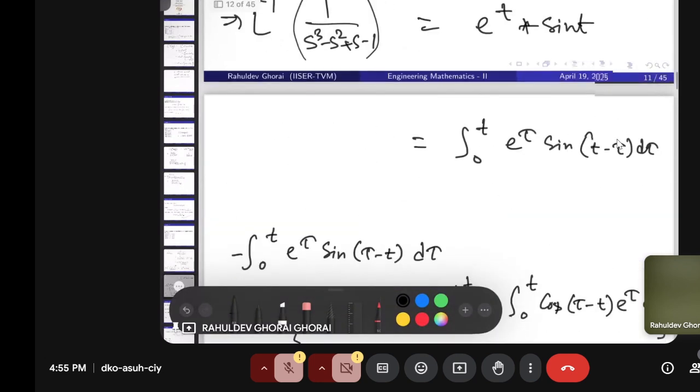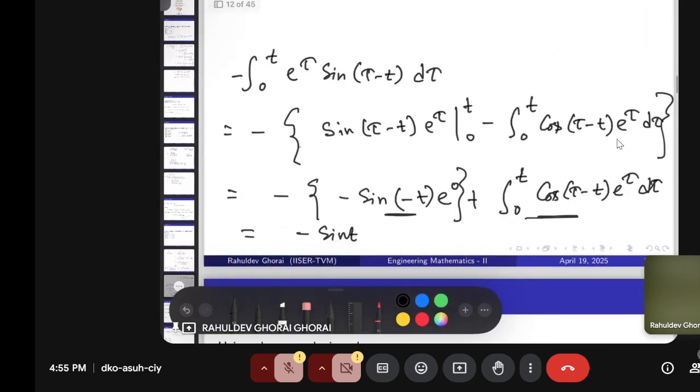So you will first get cos of tau minus t, from 0 to t, plus e to the power t minus cos t, minus the same integration from 0 to t of e to the power tau sin of t minus tau.